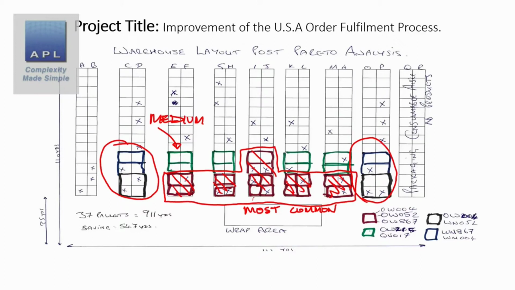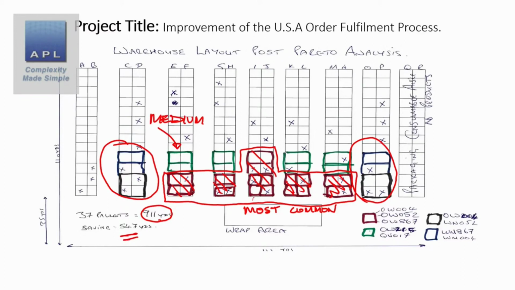Now look, immediately look, what have we down to here? 900 yards from 1,400 yards. Yeah, we've just knocked 550 yards out of the picking process. And this was such a simple thing to do.